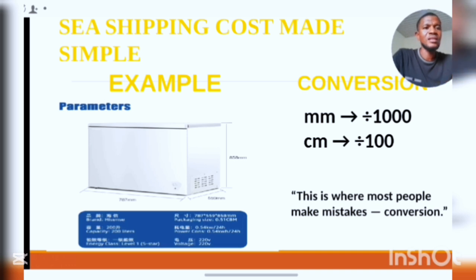I hope that we are clear on that. Then if you are given the dimension in centimeters, you also have to convert that into meters. When you are given centimeters and you want to convert to meters, you divide by 100. Same way, if you are given millimeters and you are converting to meters, you divide by 1,000.